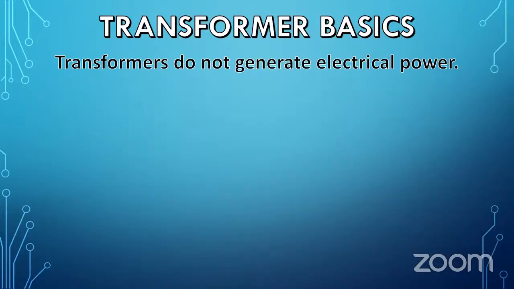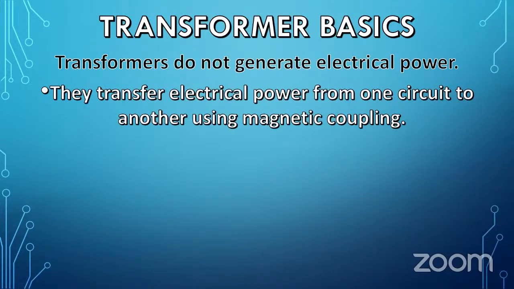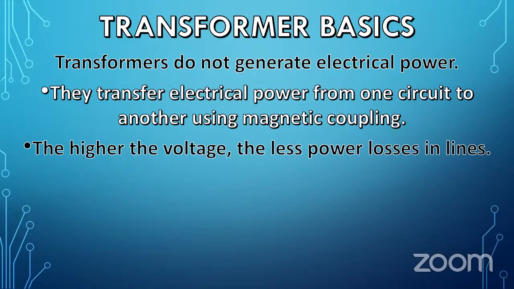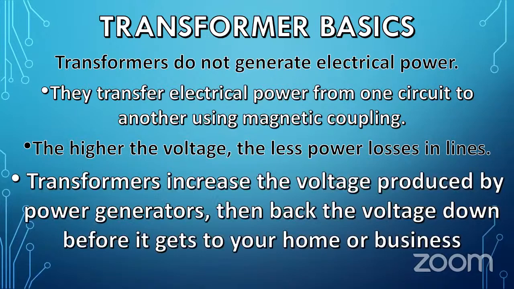They transfer electrical power from one circuit to another using magnetic coupling. The higher the voltage, the less power losses in lines. So that's the reason for increasing the voltage at the generation station. Transformers increase the voltage produced by power generators, then back the voltage down before the power gets to your home or business.